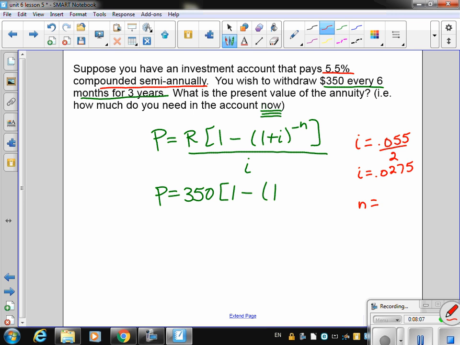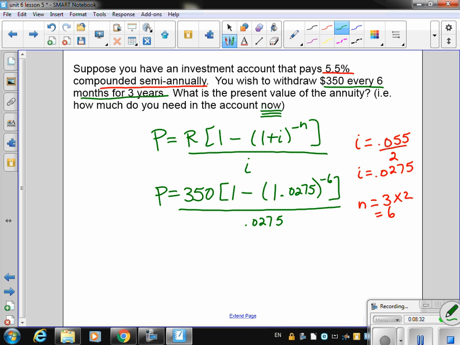My n is also going to change. It is every 6 months for 3 years. So 3 years, twice a year, there will be 6 compounding periods. So into my equation they go: decimal 0.0275 to the power of negative 6, square bracket, all over decimal 0.0275.